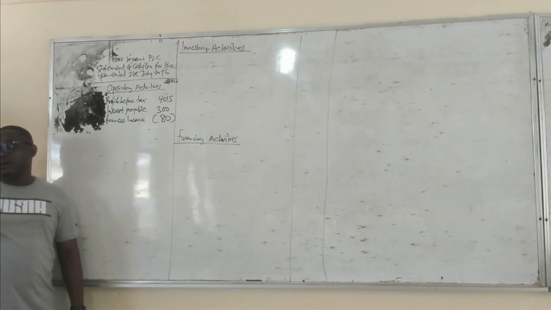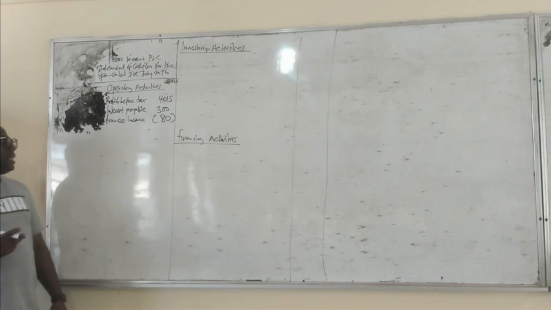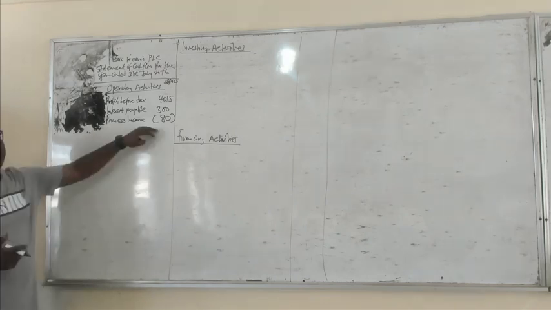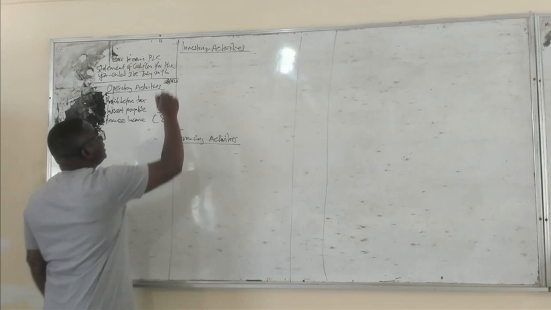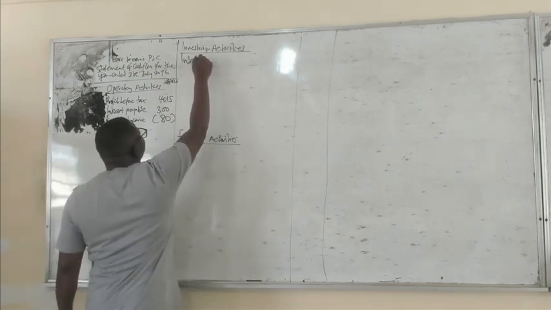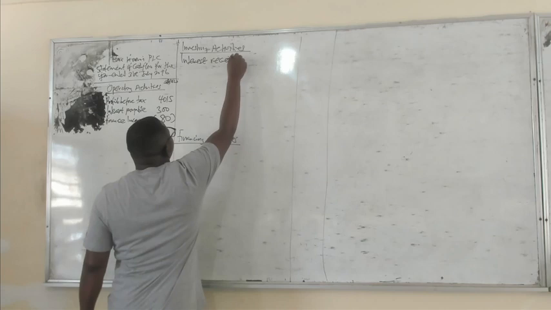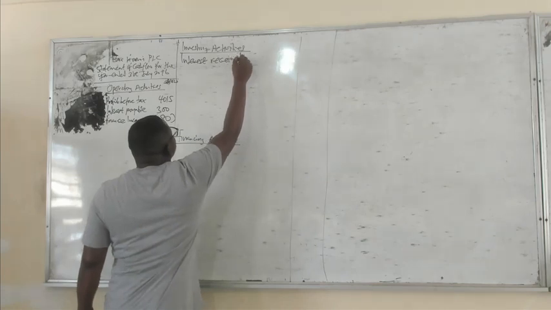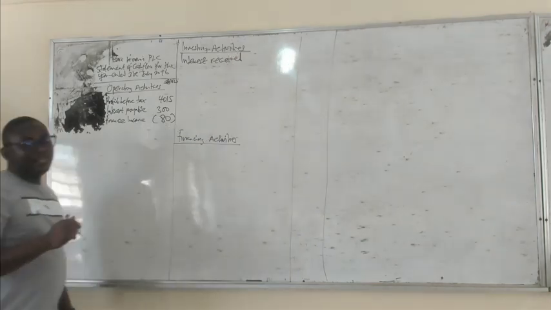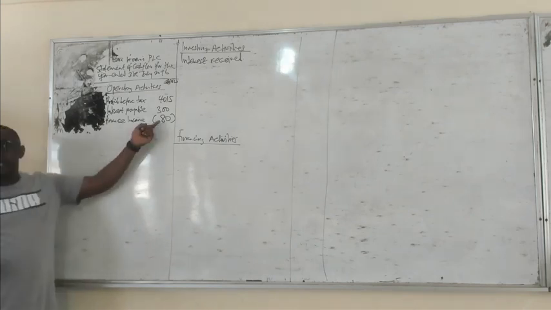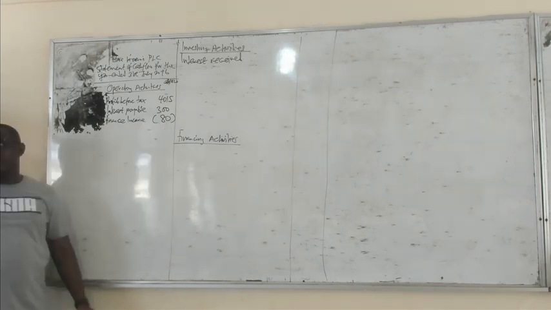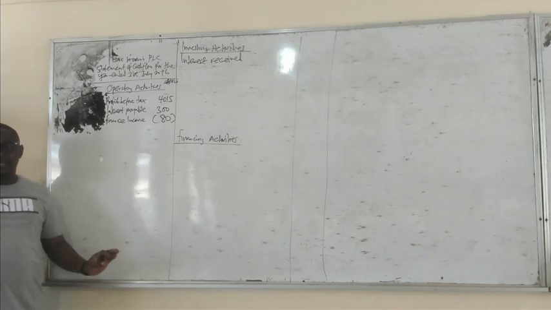Whilst preparing the account, you may forget. So anytime you write the finance income here as minus, go down and write interest received. But don't write any figure there yet, so that if there is any adjustment, we do the adjustments and then write interest received. Are we getting it?